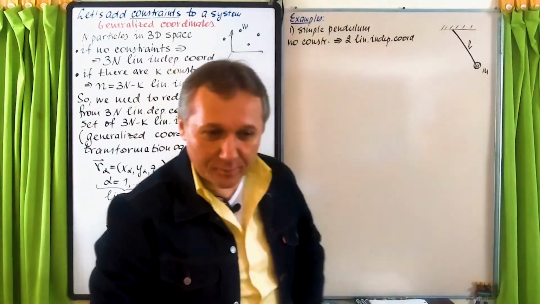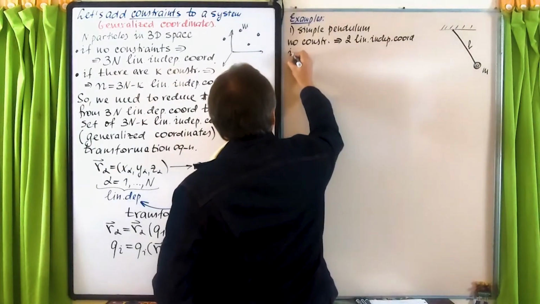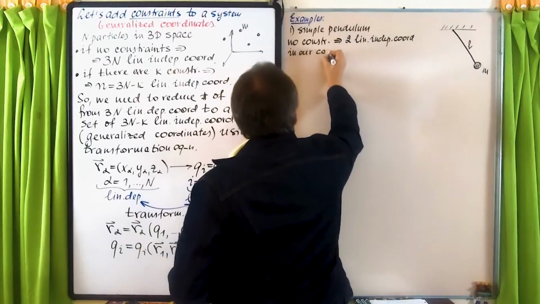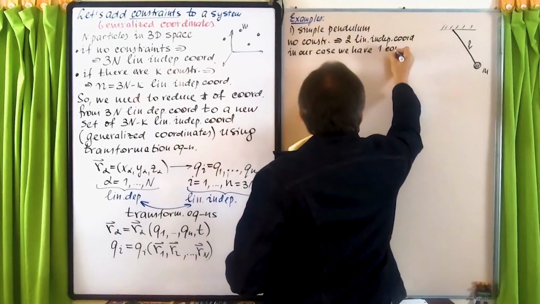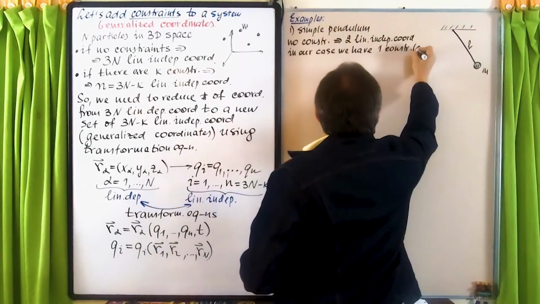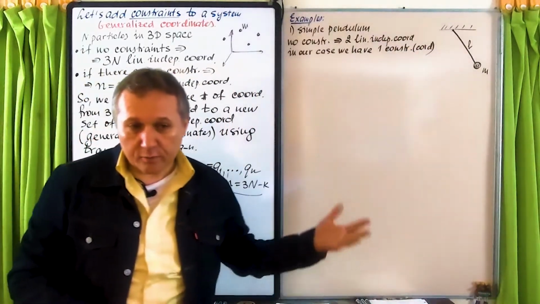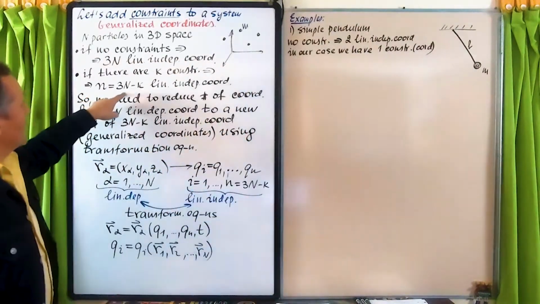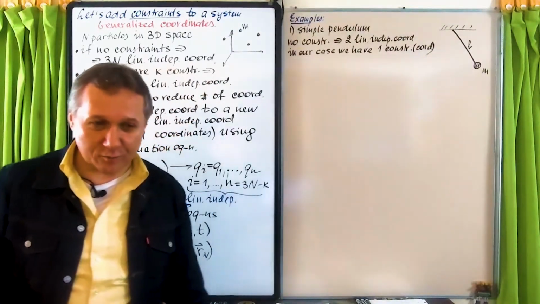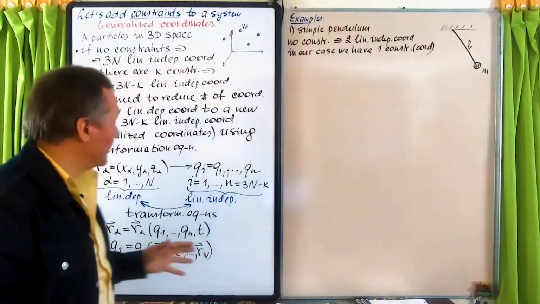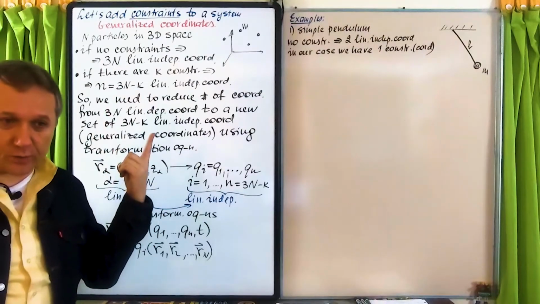This rope of length L. So as a result, now the number of linearly independent coordinates will be reduced by 1. 3n minus 1. But of course, now we have two-dimensional space. I immediately removed the z-axis out of the game because it's an immediately obvious constraint. So it will be 2 minus 1. We need 1 generalized coordinate to describe this system.